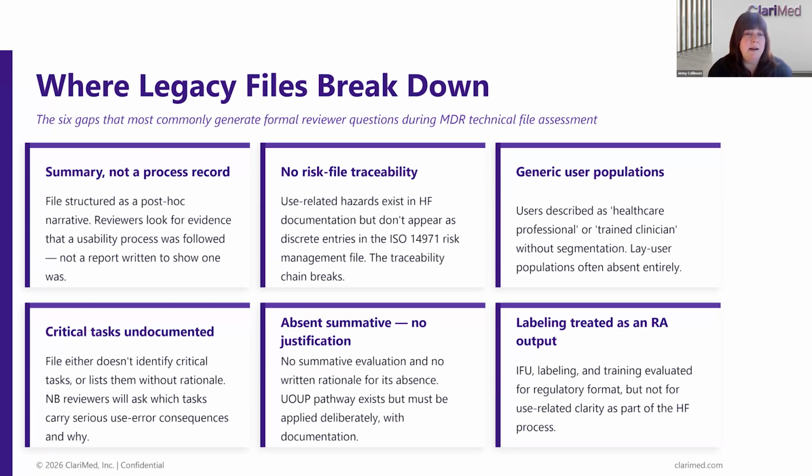And again, I think we're telling the same story here around traceability and user populations. I think one of the key points here is that quite often legacy files are built as summaries rather than demonstrating that a process was followed. So IEC 62366 is built around a standard and expects a process.